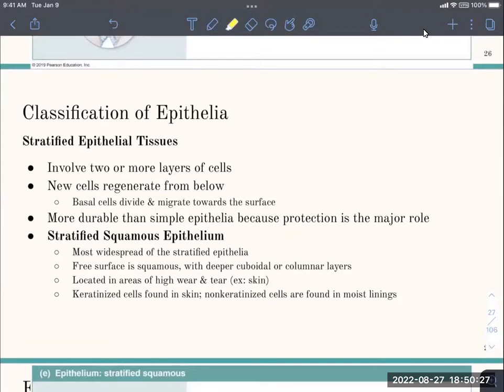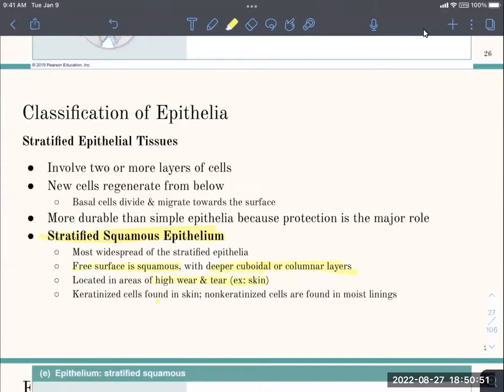So we have, this is what our skin is made of, a stratified squamous epithelium. The bottom layer, like I pointed out before, they're kind of a cuboidal shape or even columnar, but that very top surface is squamous. So that's what makes it stratified squamous. It's found in areas of high wear and tear, like your skin.